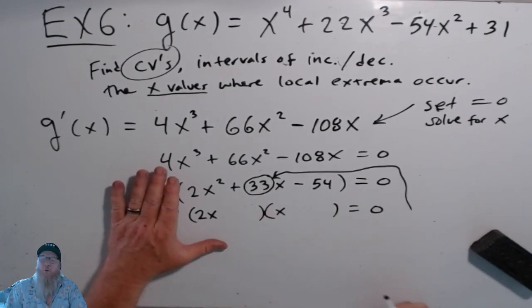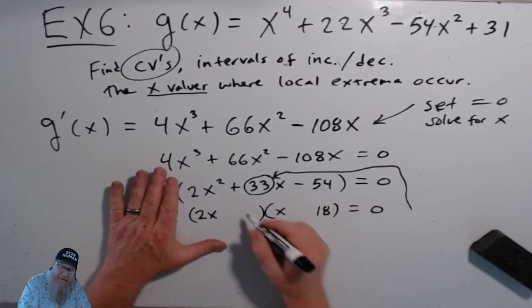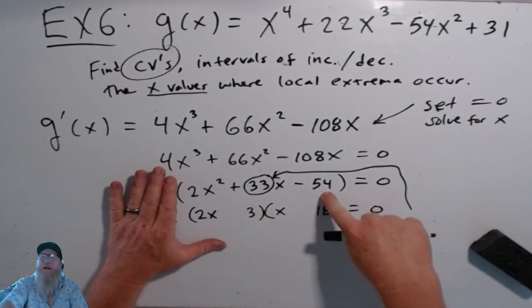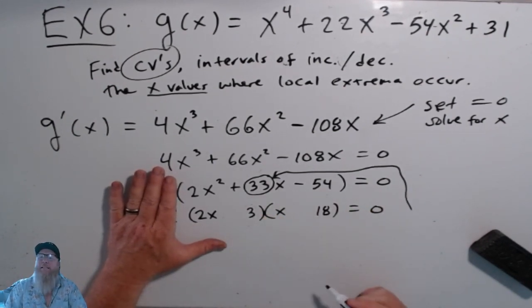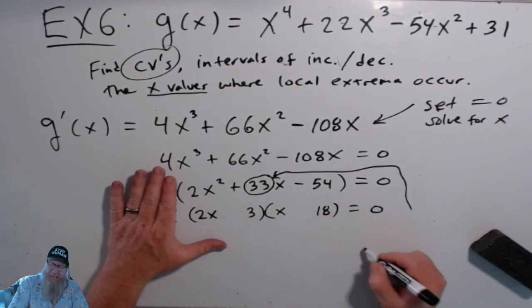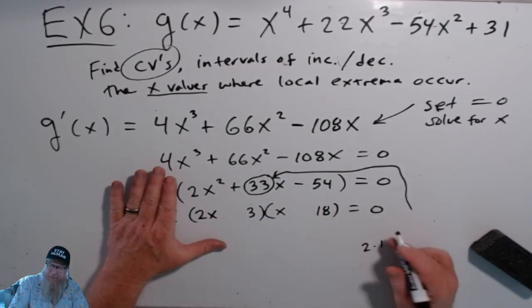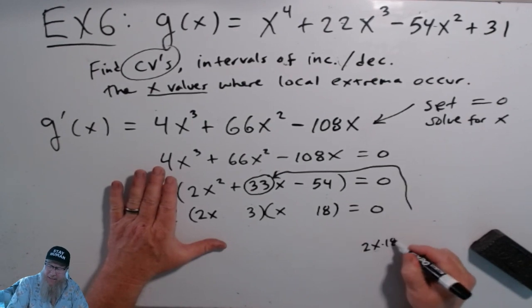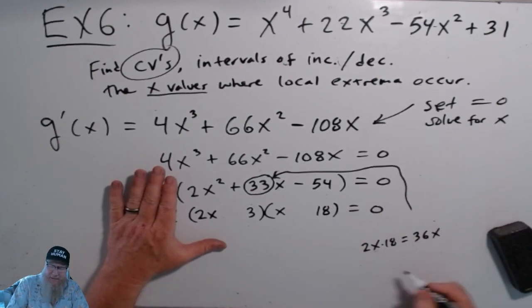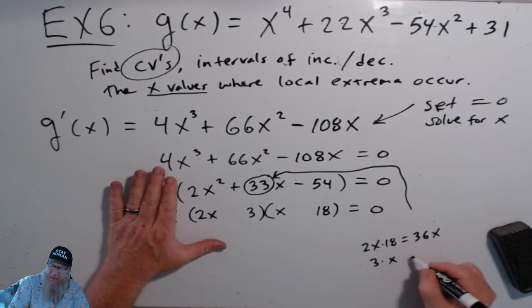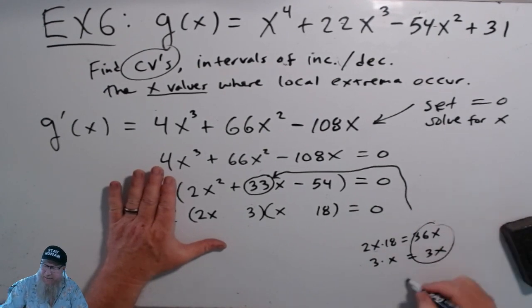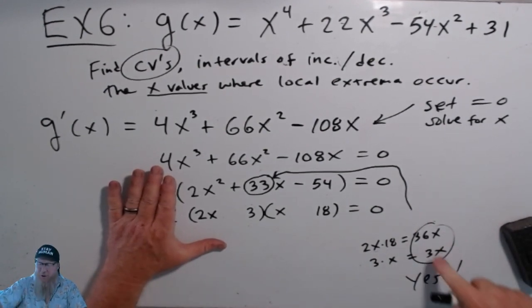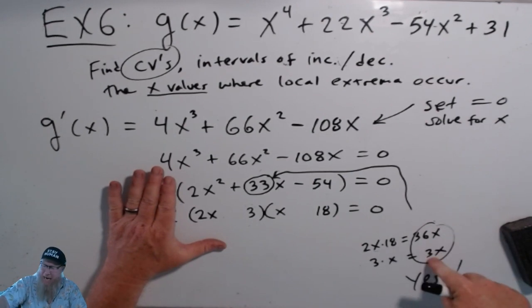All right, I'm going to give it one more try. 18 and 3 also make 54. 18 times 3. So 2x times 18 is 36x, and then 3 times x is 3x. 36 minus 3.